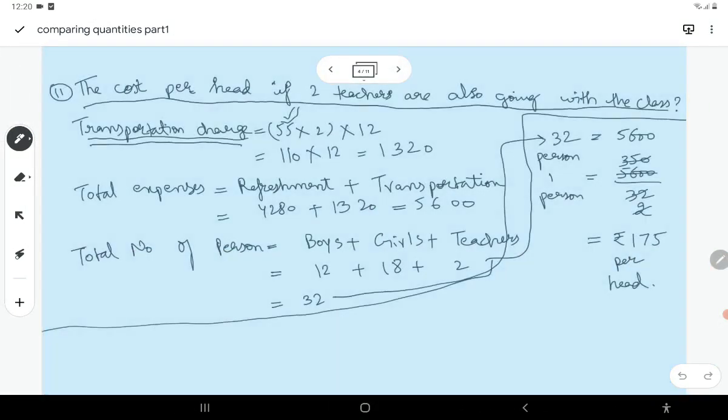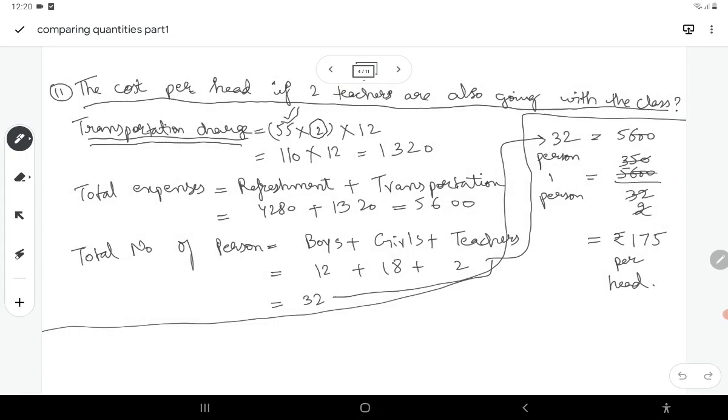So 55 into 2, as we have to come back also, from the destination to the starting point and the starting point to the destination. That's why we have multiplied it by 2 into 12. 12 is the rate of travel per kilometer, which gives us 110 into 12, which is equal to 1320.